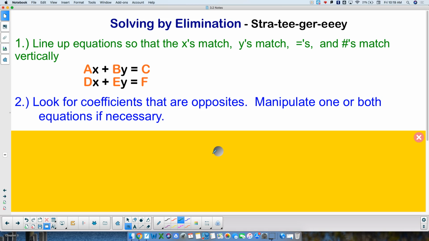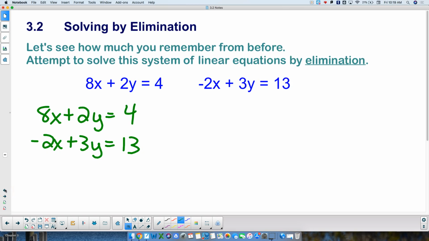Okay? So I want to multiply either one equation or both equations or something along those lines. I want the coefficients of x or the coefficients of y to be the same, just one positive, one negative.